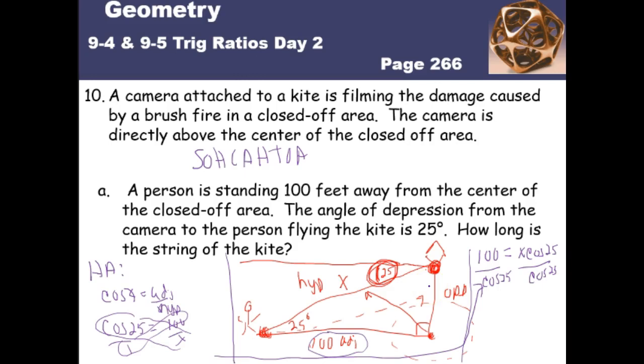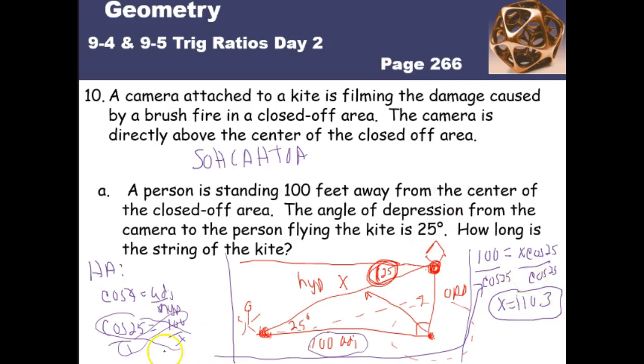So 100 divided by cosine 25, and I get 110.3. So x is 110.3. So the string of the kite is 110.3 feet.